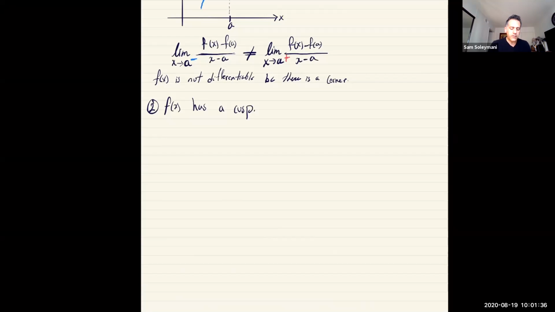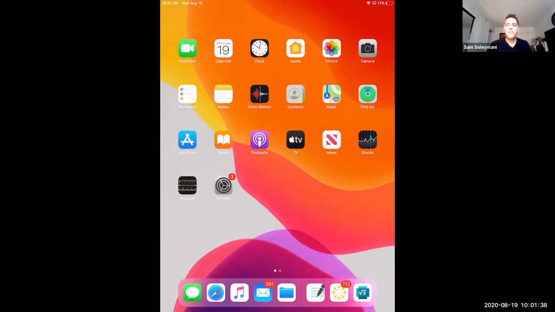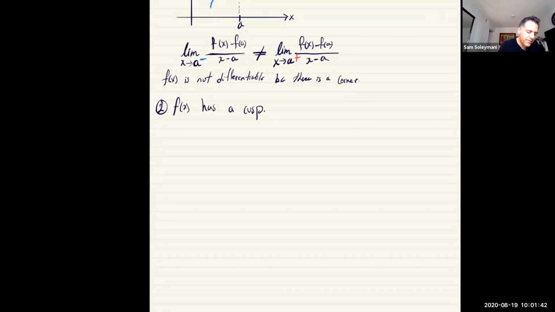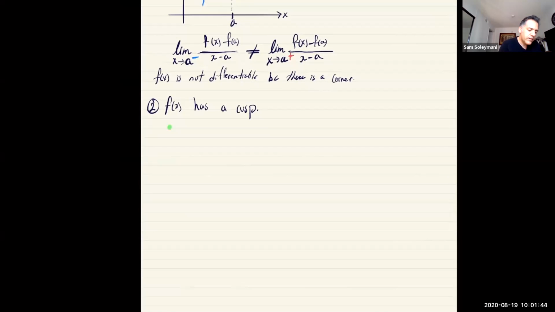Okay. So cusp. Say we have f of x equal x to the power of 1/3. Or x to the power of 2/3. Yes.